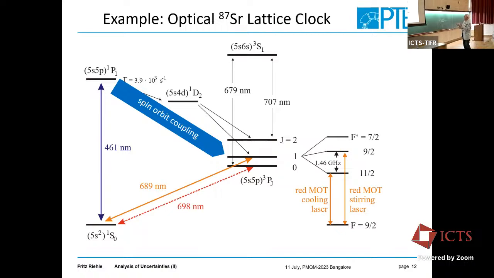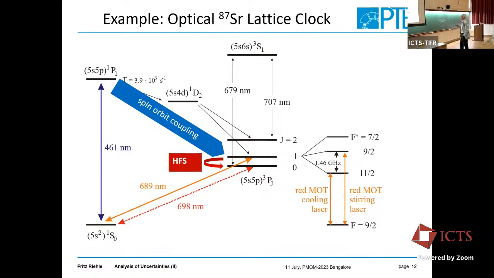To some extent, this is not only a pure triplet P0, but also an admixture of the singlet P1 state. So the transition is possible. There is also a hyperfine interaction between these states, and this allows the transition.